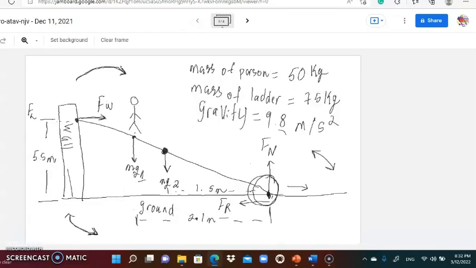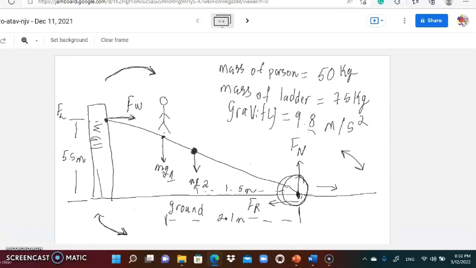which is, let's go back to a diagram right here. And that moment is going to be the force acting down times its perpendicular distance, which here is 1.5 meters. And of course, the force acting down, let me go again.